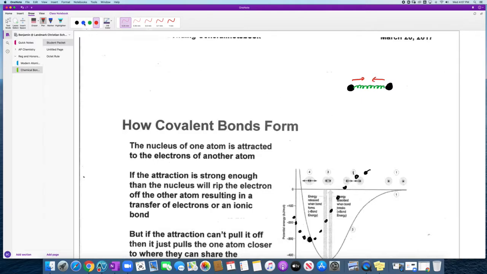So then a moment later, we still have those two atoms, but the spring is pulling them closer together. Now, some springs, if you push them in too far, they push back, right? So let's imagine these things get really close to one another, almost right on top of one another.